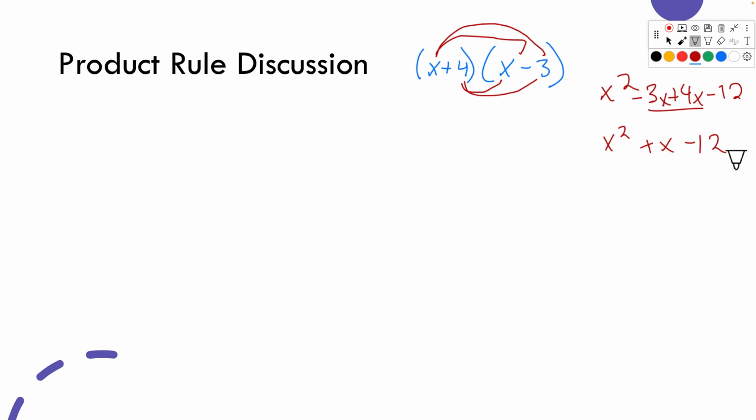So since we've already got it multiplied out, if we were to take the derivative of x squared plus x minus 12, what would we get?